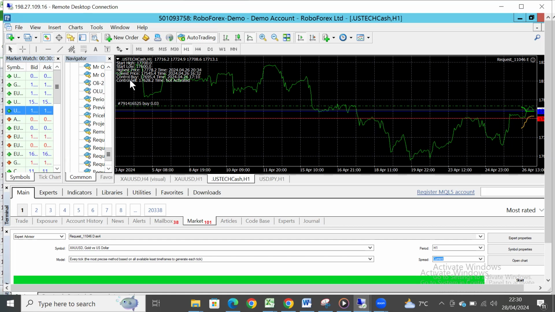So you can see from this we have the control buy, and the control buy already has the date of 26th of April. So what usually happens is that the control buy uses the lowest price, and the control sell uses the highest price.